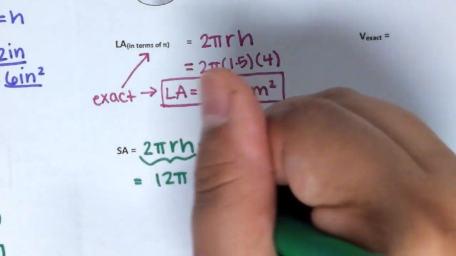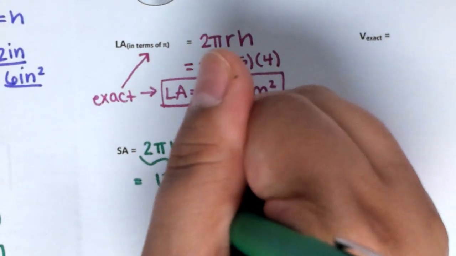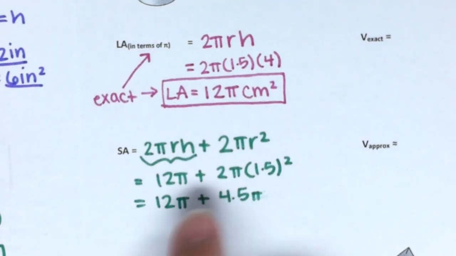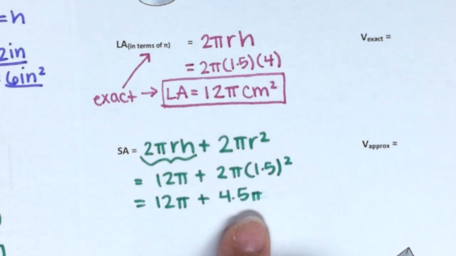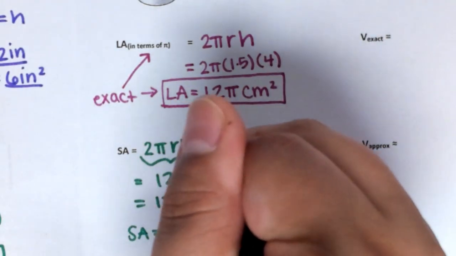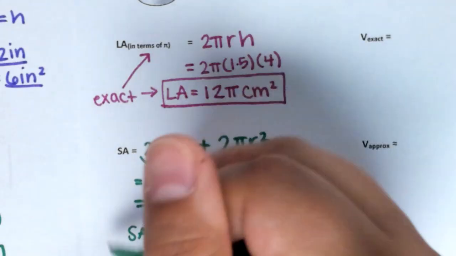Do y'all agree that gives me 4.5 pi? Can I add these together? Why? They're like terms. They both have pi. So what is 12 pi plus 4.5 pi? 16.5 pi centimeters squared.